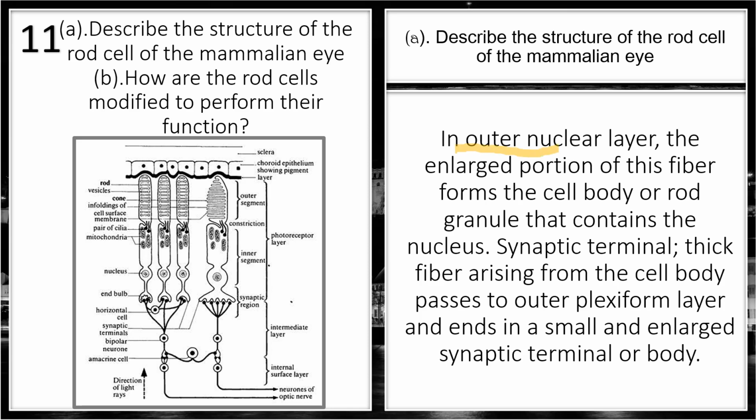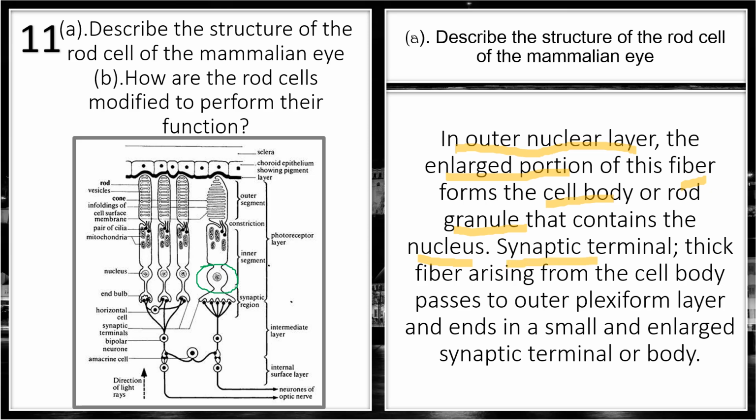In the outer nuclear layer, the enlarged portion of this fiber forms the cell body or rod granule, which contains the nucleus. This is our nucleus, coming from the inner body, the cell body.